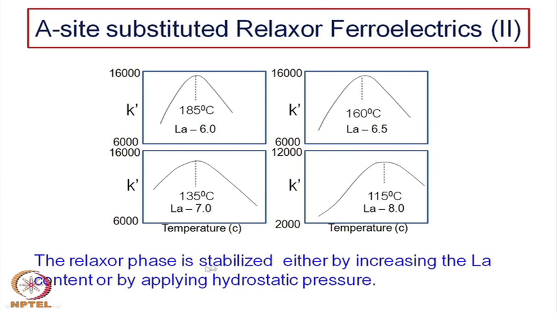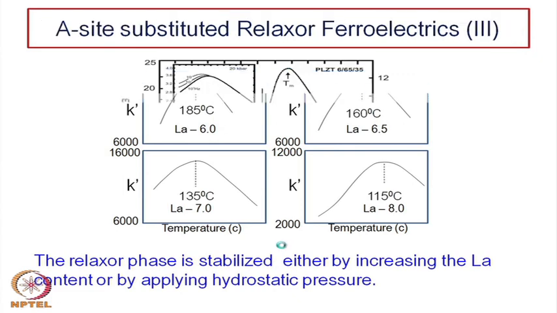So, this is what happens, that means as such PZT, okay, as such lead zirconate titanate is not a relaxor dielectric or relaxor ferroelectric, it is a normal ferroelectric, but as you dope lanthanum or substitute part of lead with lanthanum, it becomes a Relaxor Ferroelectric.